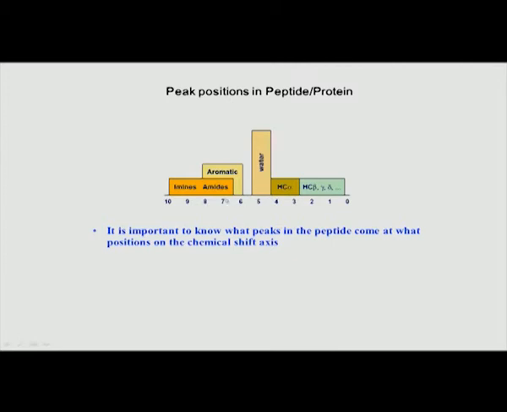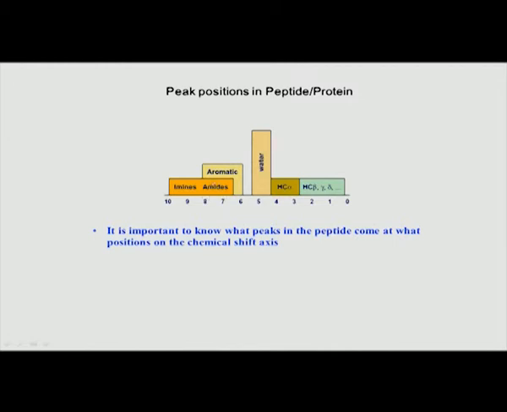Then between 6 and 7 or 8 ppm come the protons from the aromatic amino acids. These are phenylalanine, tyrosine, tryptophan, histidine, the 4 aromatic amino acids in protein. This is similar to what we normally see in organic compounds, that if you have an aromatic spin system we get peaks somewhere in 6 to 8.